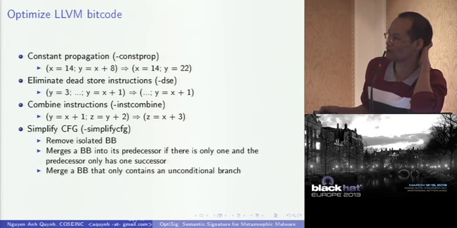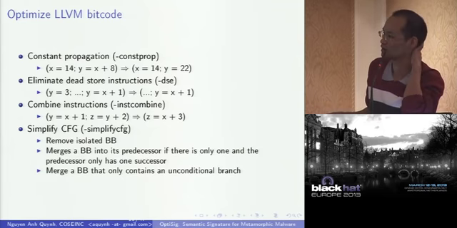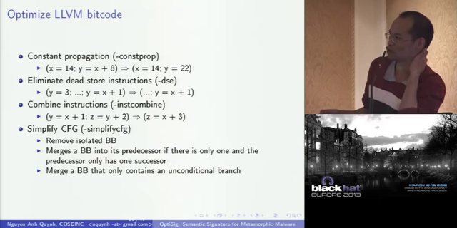Next, another pass, combine instructions. y equal to x plus 1, z equal to y plus 2. This is actually z equal to x plus 3. And this pass can combine this code into simplified code on the right side. Another pass, which is very important, is simplify control flow graph.